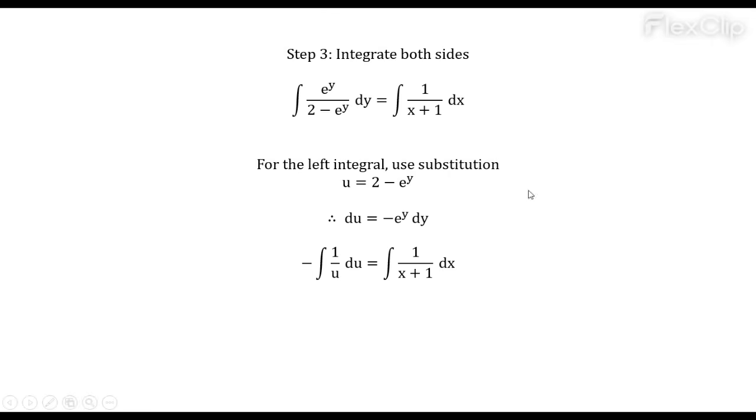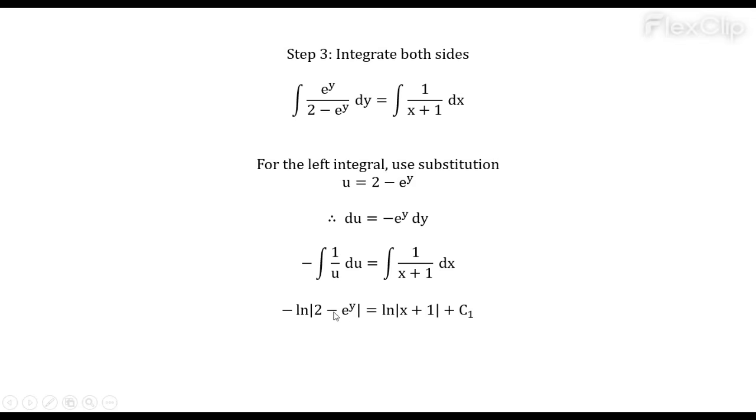This minus sign comes here, right? So minus du over u, which we can write in this way, equal to the integral of 1 upon x plus 1 dx. All right, so now it's very easy to simplify. So we have a natural log of u, and u is nothing but 2 minus e raised to y.